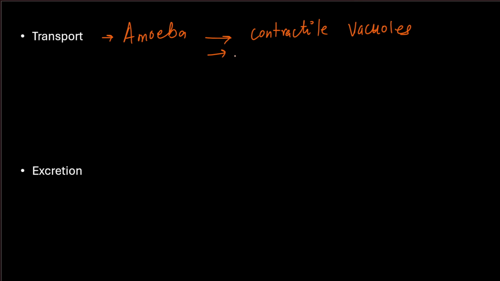Then what is transport? Now, if we are talking of single-celled organisms, let's say amoeba, amoeba is a unicellular organism. So there are no specific organs for getting nutrients, oxygen, water, or removal of waste. They do this with the help of contractile vacuoles when they are throwing food outside the body, or they engulf food with the help of formation of pseudopodia.